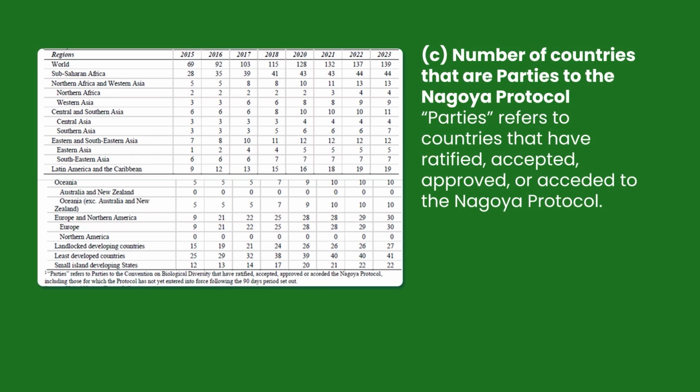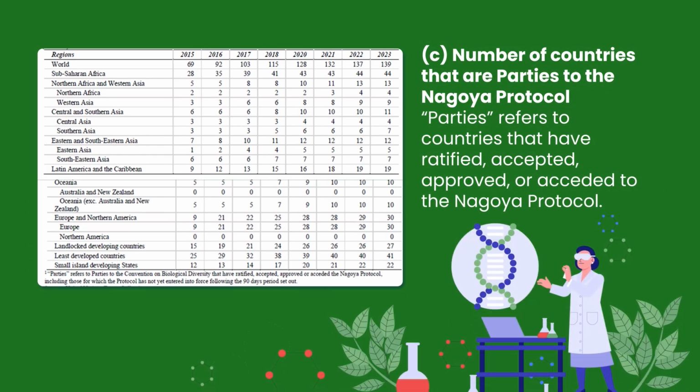In that also, at least we are implementing well across the world. Again, if you look at the Nagoya Protocol, which is very important, we had 69 countries in 2015, and now we have 39 countries, the number of countries that are parties to the Nagoya Protocol.